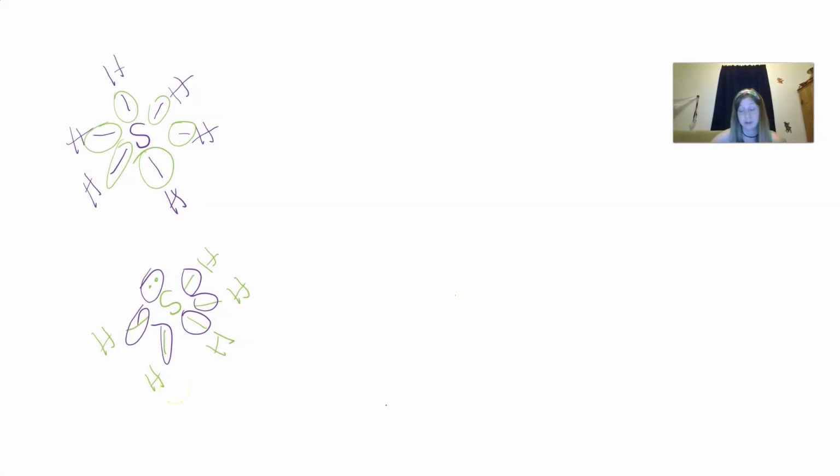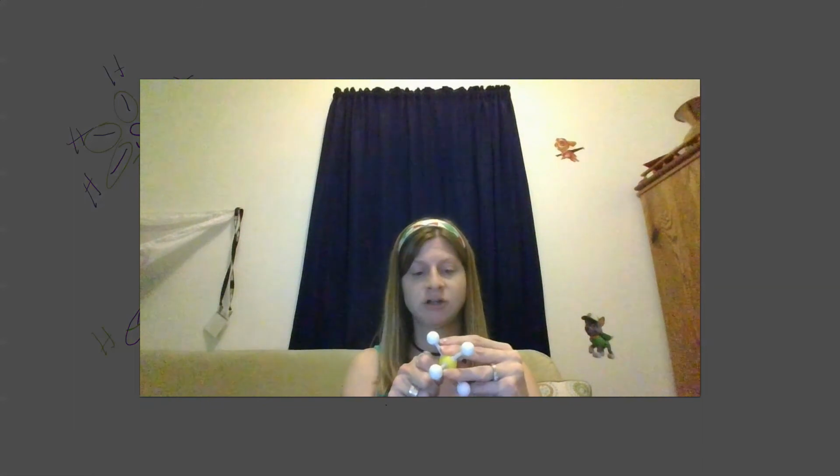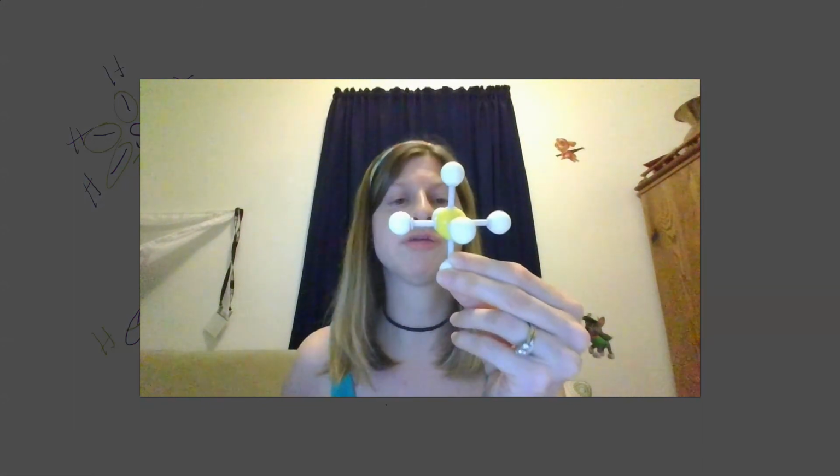Okay, now I'm going to get super lazy. Have 6 electron domains, but 2 of them are lone pairs. Its electron domain geometry is octahedral. I pick any one to put the first lone pair there. Now, the other lone pair is going to come directly opposite it.